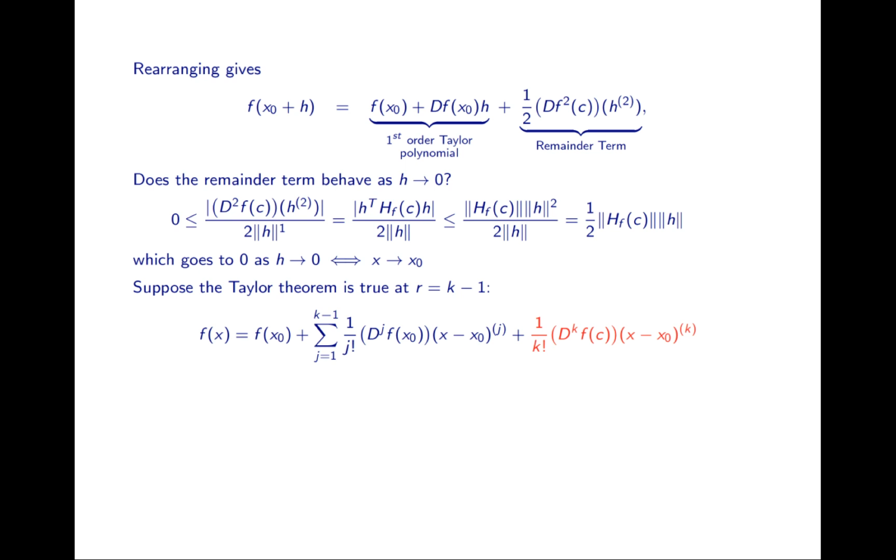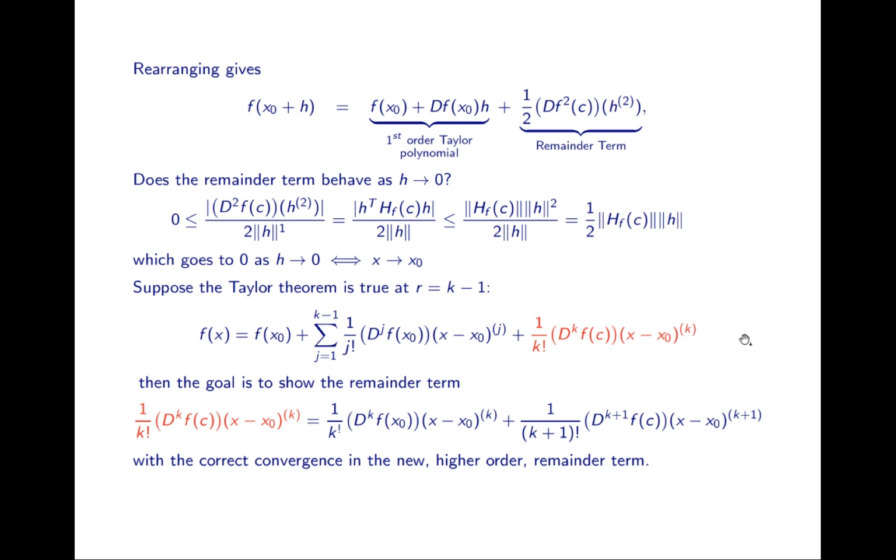Now suppose Taylor is true at r equal to k minus 1. Well, if Taylor is true for r equal to k minus 1, then I have exactly this setup where this red term is my remainder. So my goal is to show that this remainder term can be written as the kth term of my Taylor polynomial plus my higher order remainder term, higher order by 1.